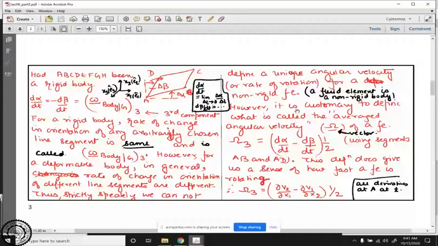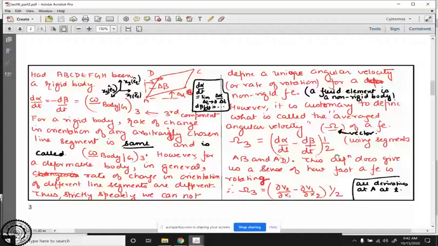However, it is customary by convention to define what is called the averaged angular velocity of a fluid element, and I will use the symbol omega vector. And what is that averaged angular velocity? The third component, which is the only non-trivial component for our case, we define as d alpha dt minus d beta dt, divided by 2, using segments AB and AD.